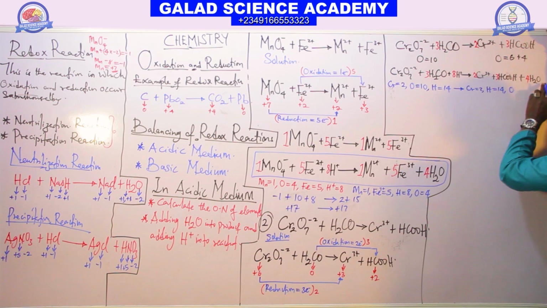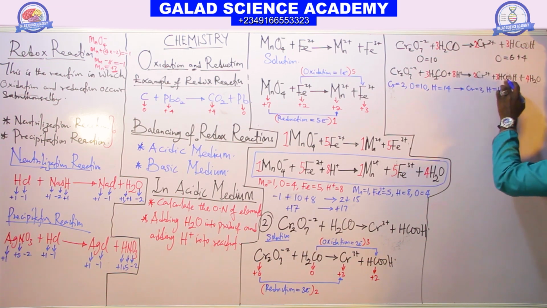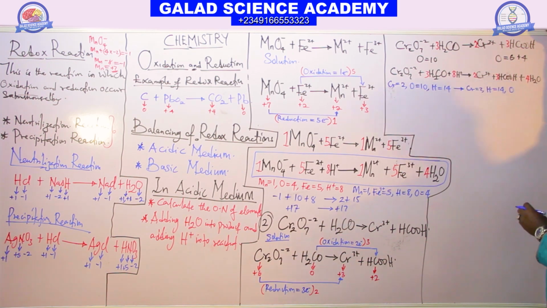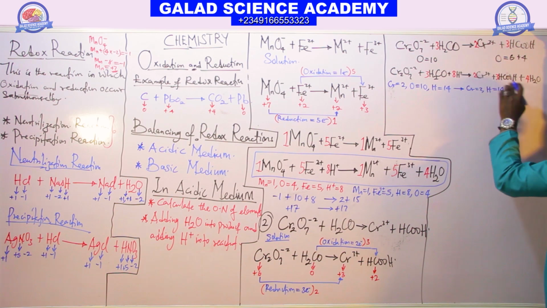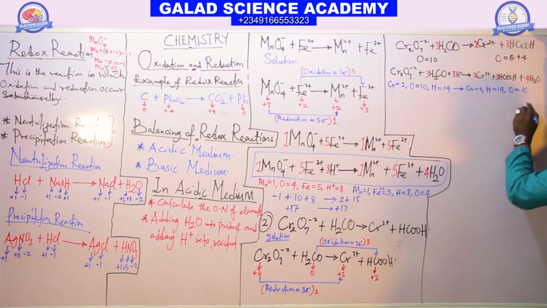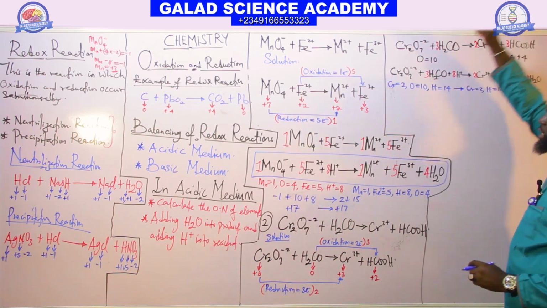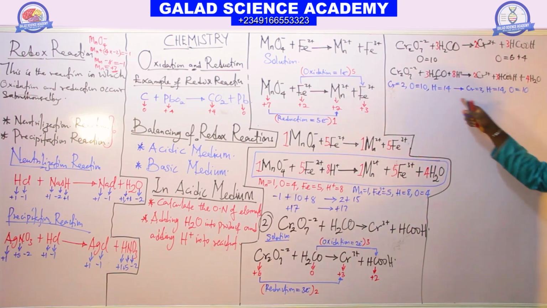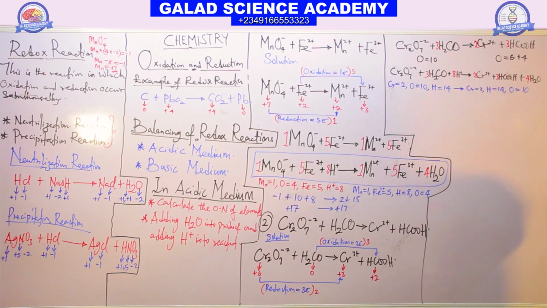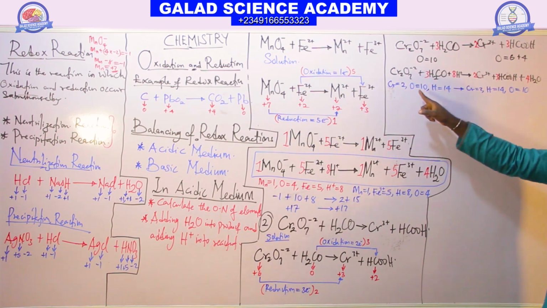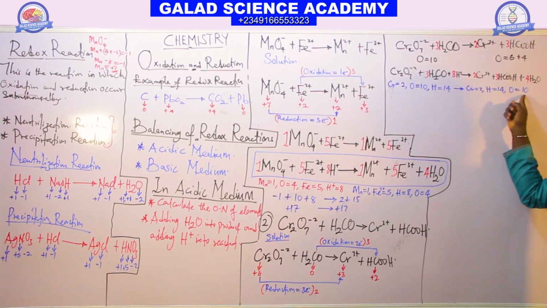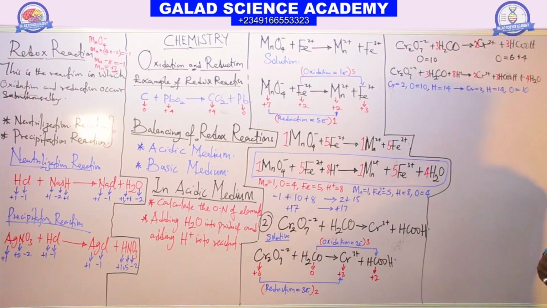Oxygen atom, we have 4 here plus 2 here, 6, it also gives us 10. Check it now. The number of elements are balanced: 2 chromium, 2 chromium, 10 oxygen, 10 oxygen, 14 hydrogen, 14 hydrogen.